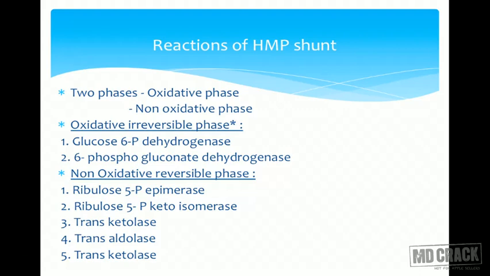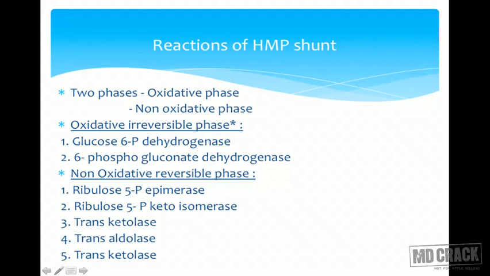So in TPP deficiency, that is in thiamine deficiency, we estimate the levels of erythrocyte transketolase. It helps us to know whether TPP is enough or not, whether erythrocyte transketolase activity is good or not. By measuring the activity of transketolase, we come to know about thiamine deficiency. So this is the importance of the HMP shunt.